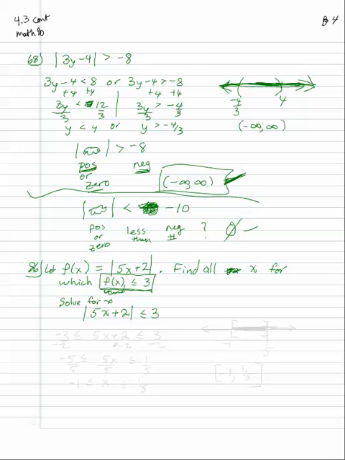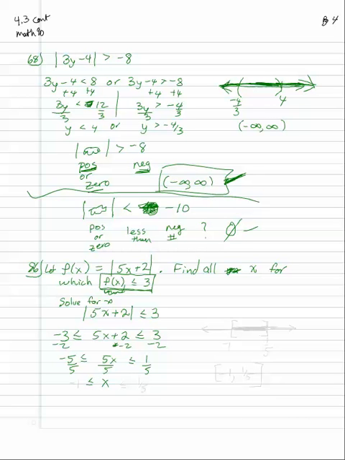Okay, it's a less than statement, so you've got to remember that you're going to sandwich the expression inside between negative 3 and 3. You're going to subtract 2 from all 3 pieces. Divide all 3 pieces by 5.